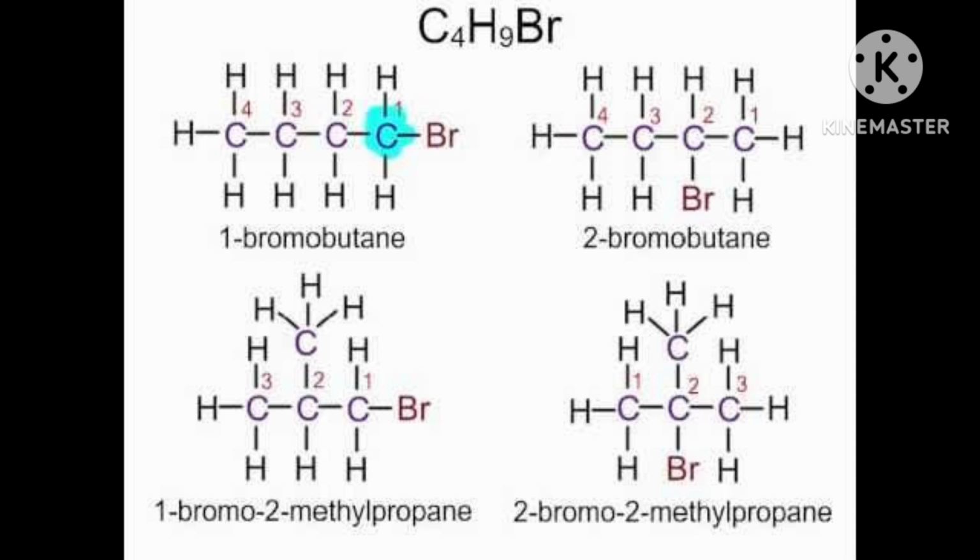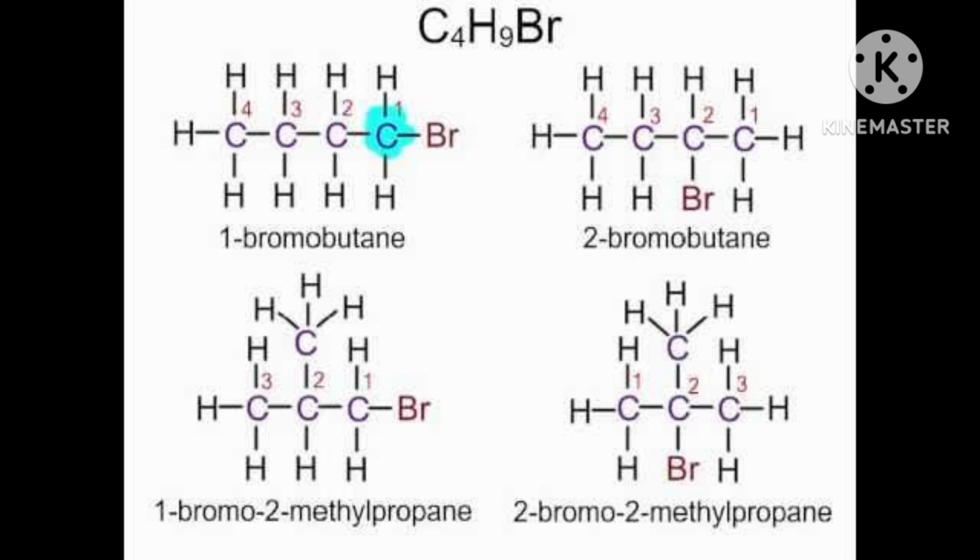Correct? Now another example I am telling you, CH3CHCH2Cl. 3 carbons are there, but with the middle carbon 1 methyl group is attached, meaning total 4. But the main branch is propane only.